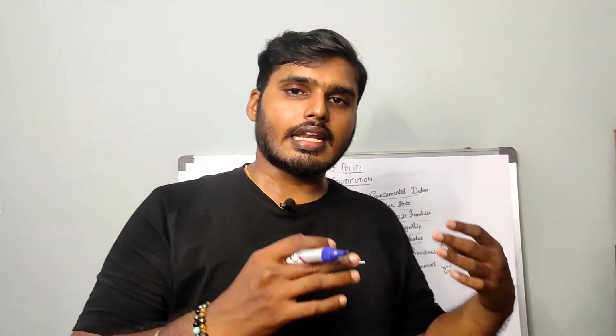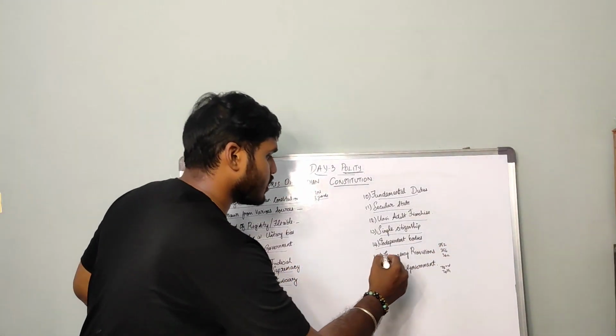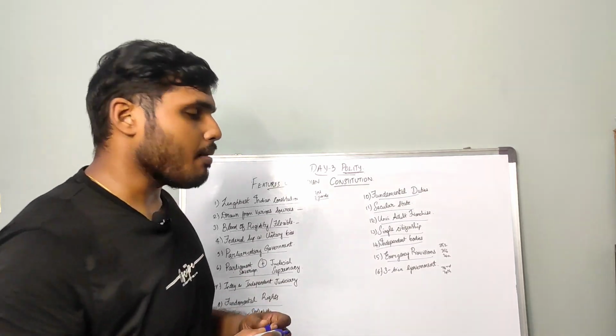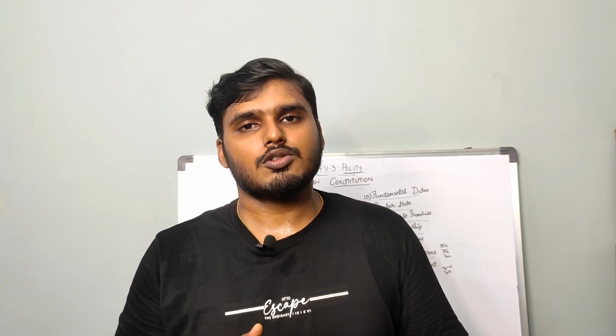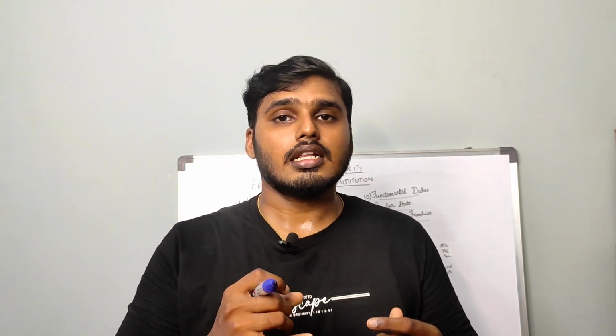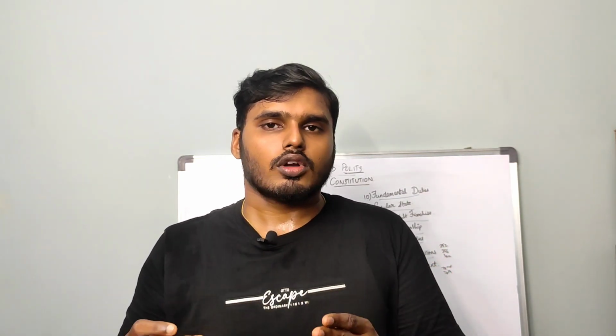Okay, the next feature of the Indian Constitution is the emergency provisions. The emergency provisions have three categories. Okay, the national emergency, the state emergency, and the financial emergency. The provisions of national emergency are spoken of in Article 352 and henceforth.